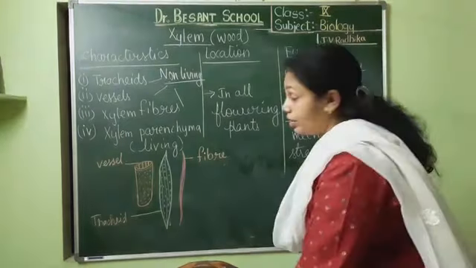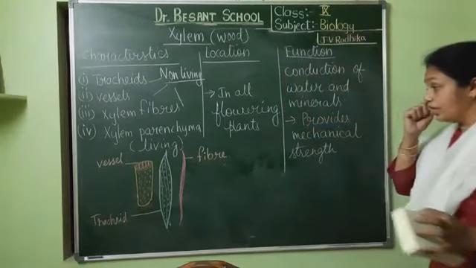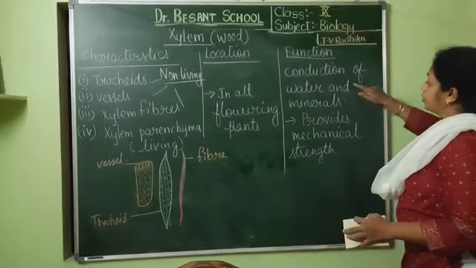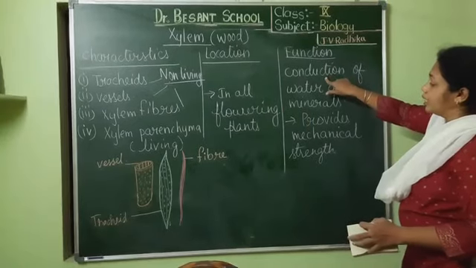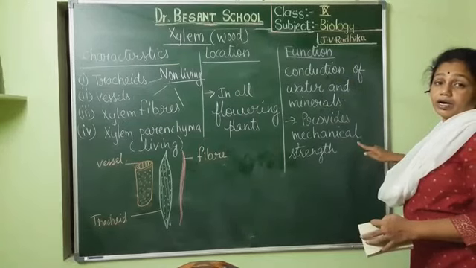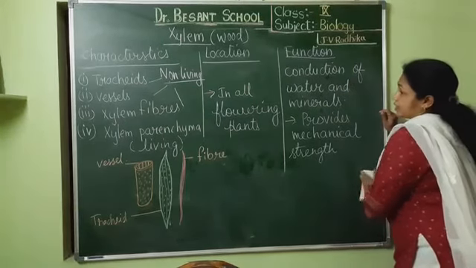Okay, completed children. So I just rub it off. I go to the phloem part here. So the main function is what? It helps in the conduction of water and minerals, and also helps in the mechanical strength. Okay, I just rub it off.